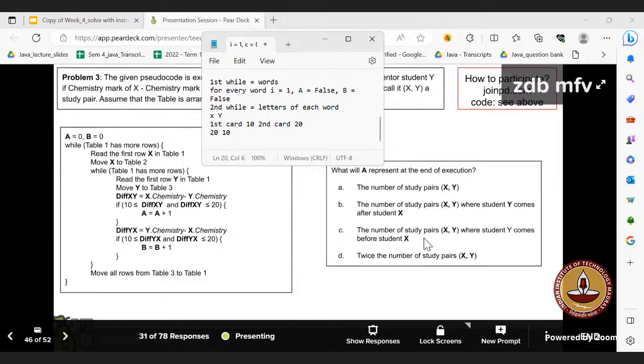If y is coming after x, it will be counted as a pair in A. But if it is coming before x, it will be counted as a pair in B.